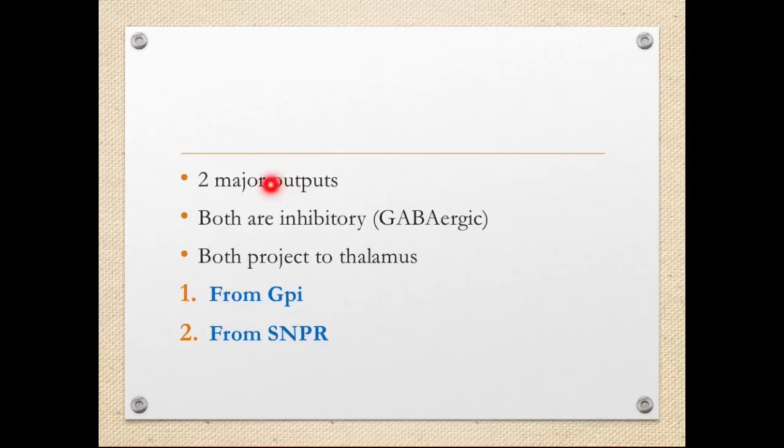And then there are two major outputs from the basal ganglia, and both of them are inhibitory, and both of them project to the thalamus. One is from globus pallidus internus, that direct pathway, right, whether the direct or the indirect. From globus pallidus internus it will ultimately end on the thalamus, and that is inhibitory via GABA neurotransmitter. Second is from substantia nigra pars reticulata, that is also an inhibitory neuron.